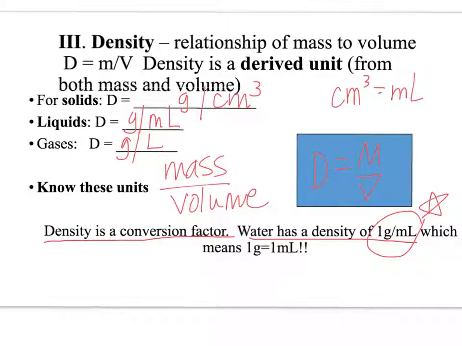So I can write this conversion factor like this: 1 gram per milliliter, or I could say 1 milliliter per gram. Either way, it's 1, okay? So make sure you try to remember that. It's an easy number to remember. Matter of fact, you really need to know all the three big things about water: that the density is 1 gram per milliliter, that it boils at 100 degrees Celsius, and that it freezes at 0 degrees Celsius.